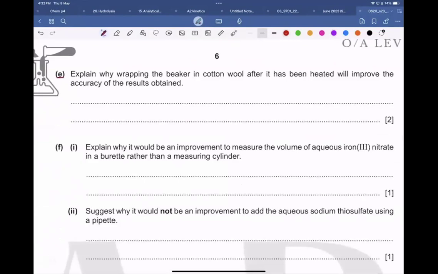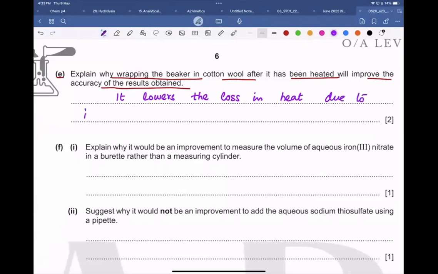Okay, now E part. Explain why wrapping the beaker in cotton wool after it has been heated will improve the accuracy of the results obtained. Okay, it is because it lowers the loss in heat due to insulation, obviously, because we have wrapped it with cotton wool, it insulated, and as a result, less heat would be lost.